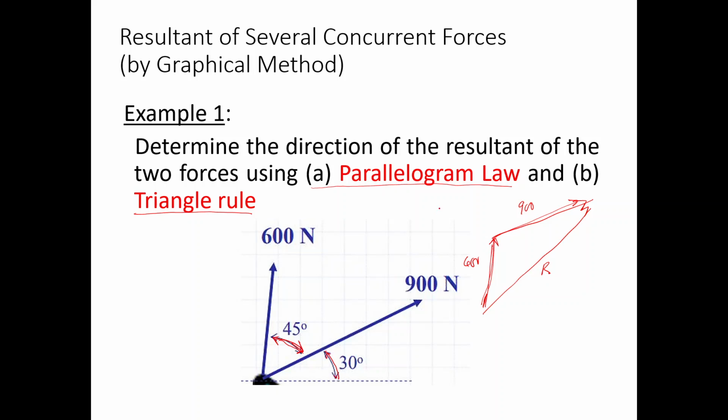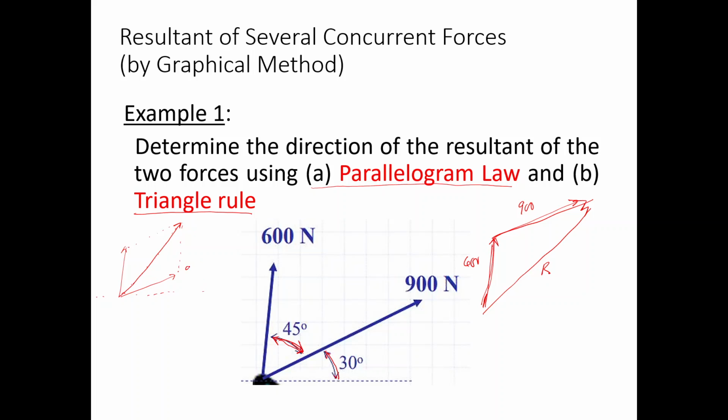Or if you don't want to, the first law, the parallelogram law, you need to create a parallelogram. This one is 600, this one is 900. So this is your resultant force with respect to the x-axis.